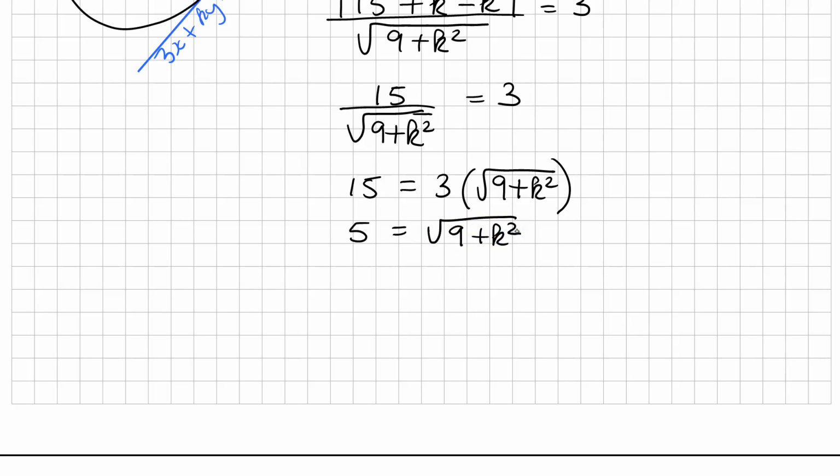So that will just make my number smaller, by just dividing across by 3 both sides. Okay, so now I have 25 is equal to 9 + k². So k² is equal to 25 - 9, which is 16, which means k is equal to plus or minus 4.